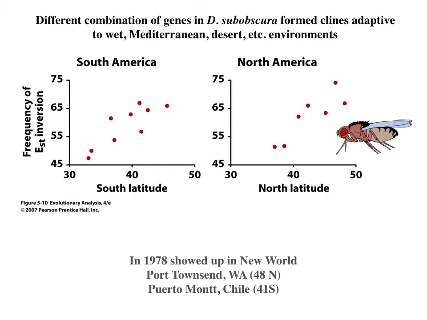So, for instance, if you look at the west coast of both South and North America, you see a very similar pattern. If you look at Port Townsend, Washington, those of you who've been to Washington State or British Columbia in Canada, or even up into the panhandle of Alaska, it's very wet, a very moist environment. As you travel south, you get into Northern California, San Francisco, still kind of wet.